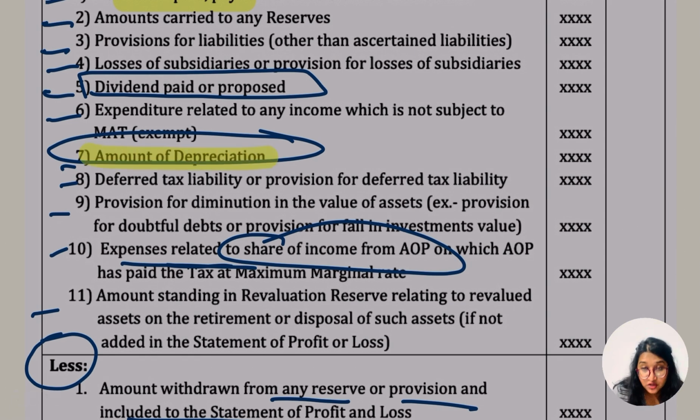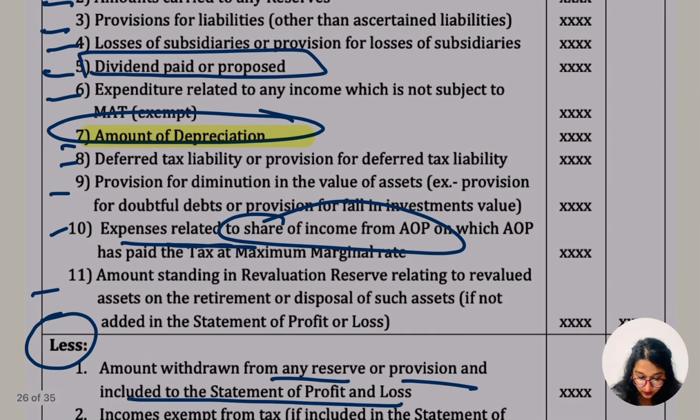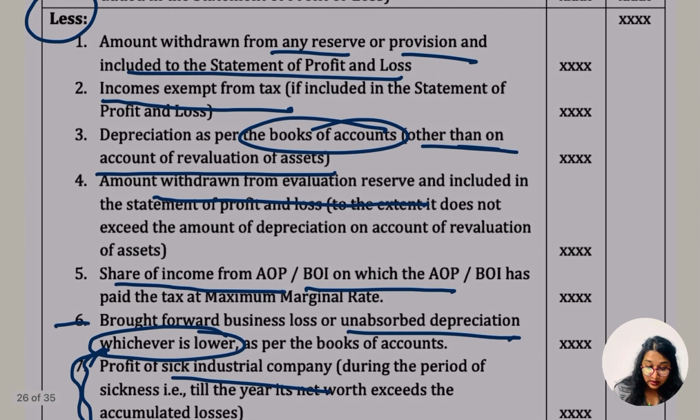Amount of depreciation was to be added. In the upcoming illustration we'll know which depreciation is to be added back and which depreciation is to be deducted. In this case, depreciation as per the books of accounts is to be deducted.